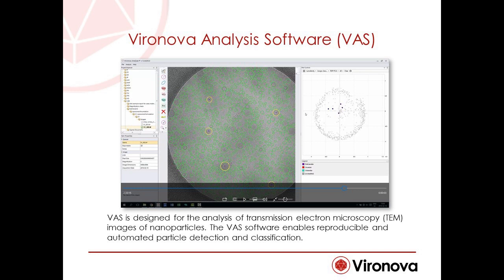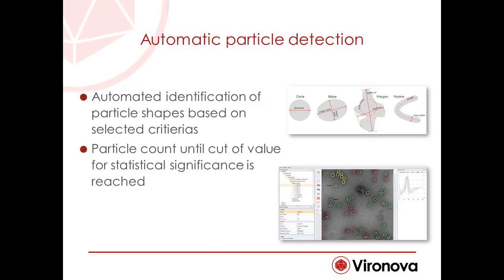After we have done the image acquisition, we load all our images into this system. We let it automatically detect all the particles within the images, and we can let it run through a number of images or actually stop when we have reached statistical significance for the question of interest.